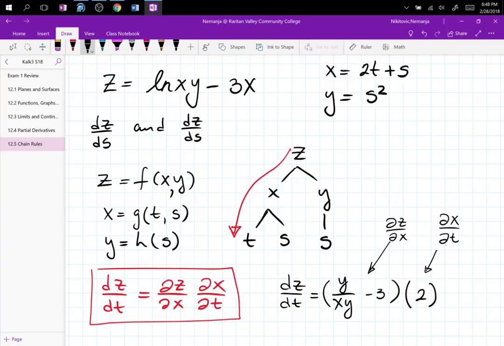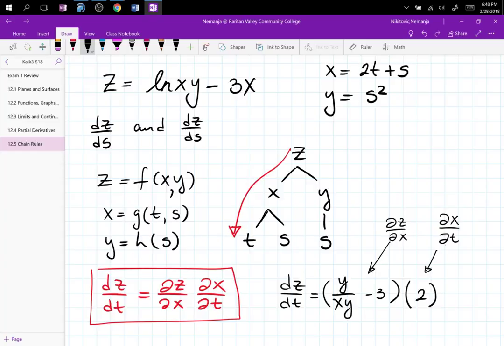So the derivative of ln xy is 1 over xy, and then times the chain rule, Calc 1 chain rule kicks in, so y goes on top, and then they cancel eventually. And then the derivative of 3x with respect to x is just negative 3. So this is the partial dz/dx. And now you need the partial dx/dt. Well, where is the formula that connects x and t? It's this one. So what's the partial dx/dt? S is a constant, the derivative of s is 0, so that dies. And you have dx/dt, so it's just 2.